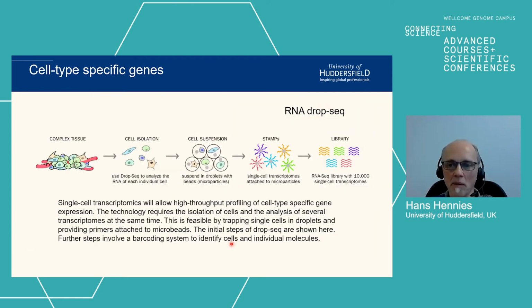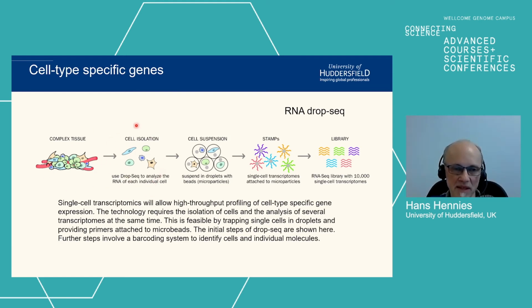And there are a number of approaches into single cell analysis. One of these is the RNA drop-seq. So the typical situation is we have a complex tissue like this, and we want to analyze specific cell types within these samples. So we would have to isolate single cell types in this analysis.